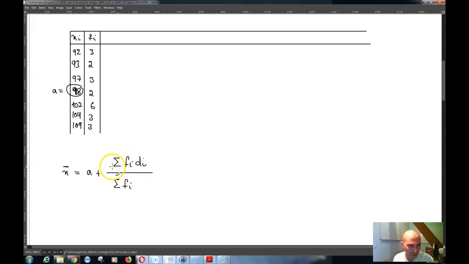You can assume that in all of these sigmas, unless stated otherwise, i goes from 1 to n. If I mean something else, then I will write it explicitly.